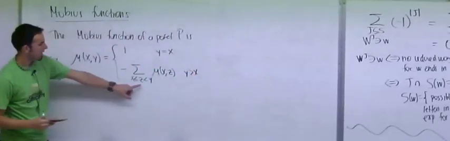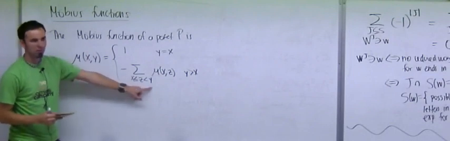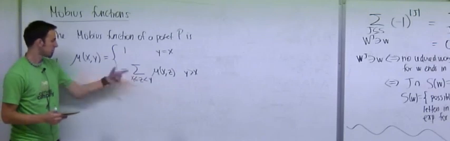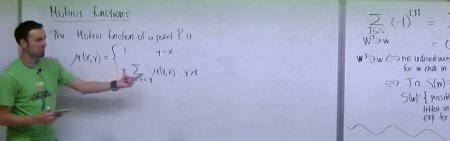So I'm adding up for all z's between x and y, except that I'm not including y in here, because this is supposed to be a formula for mu of x comma y, and I don't want a self-referential formula.